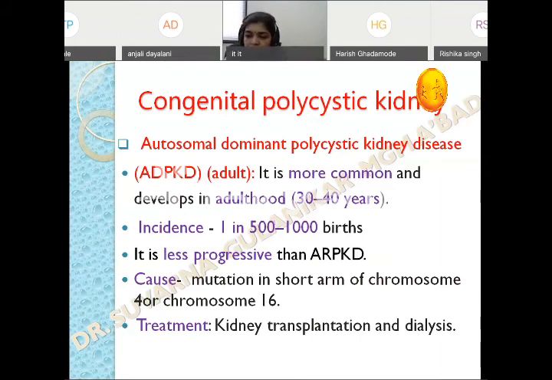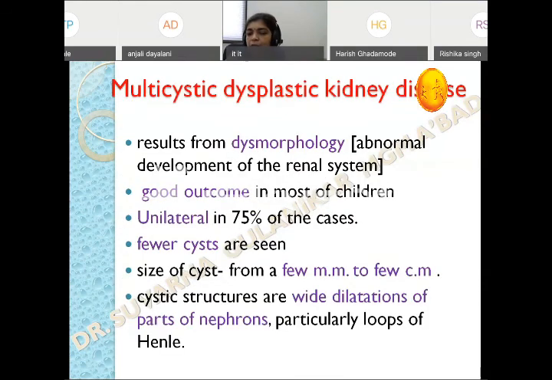In clinical practice, we will be more aware of these conditions, PKD. There is one more condition where multiple cysts are there. It is called multicystic dysplastic kidney disease. It is slightly different from PKD. How does it differ? The reason is dysmorphology, meaning the development itself is abnormal.